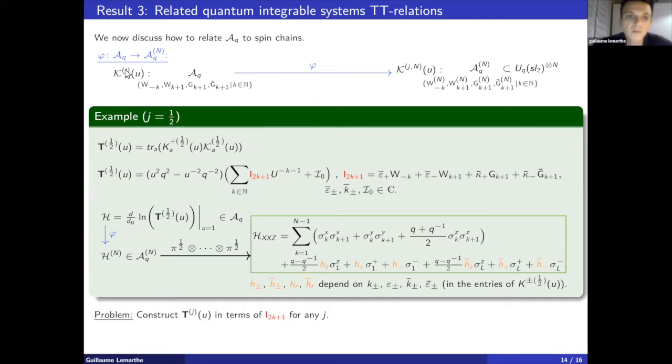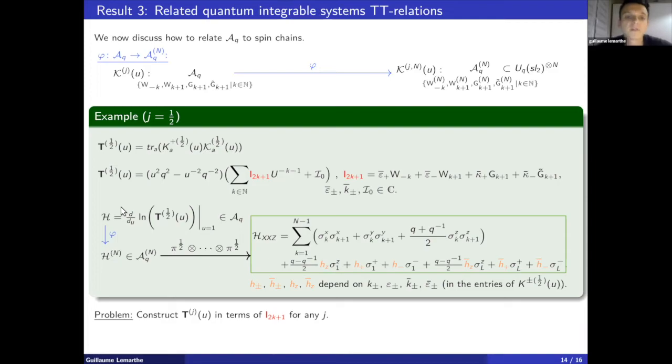So, okay, we have the AQ algebra. You have a map phi that goes from AQ to AQn, which is some elements in UQSL2 times n. And now, in order to look at the related integrable models, you need to look at the transfer matrix T here. So it's a trace of k plus times k, and it can be written in terms of these I to k plus 1, where these I to k plus 1 are some linear operators in terms of the generators of AQ.